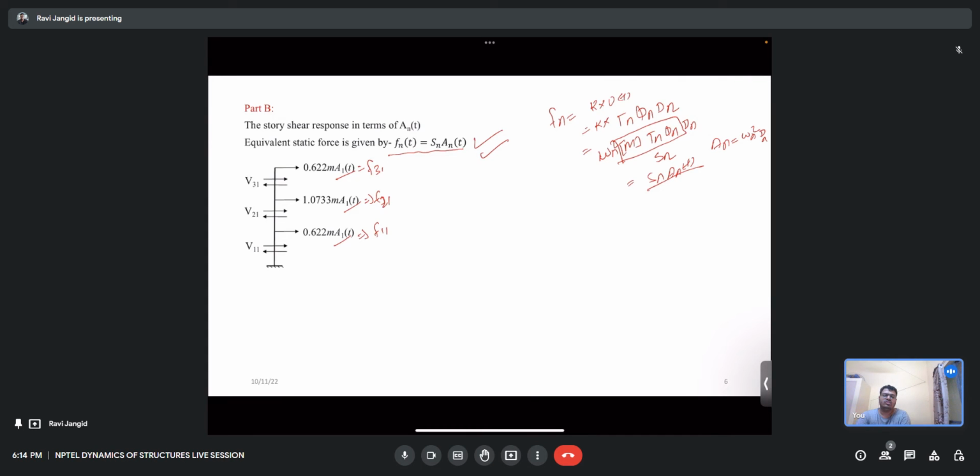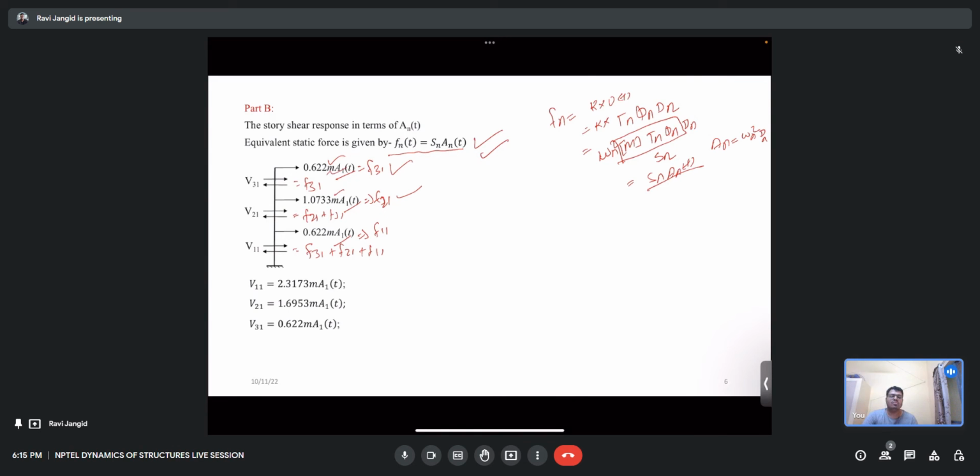V31 is equal to F31; V21 will be F21 plus F31; V11 is equal to F31 plus F21 plus F11. So for V11, sum all these three, 0.62 plus 1.07 plus 0.62. For V21, sum only this one and this one, and for V31 only this 0.62.